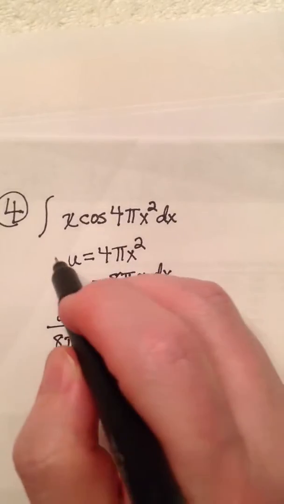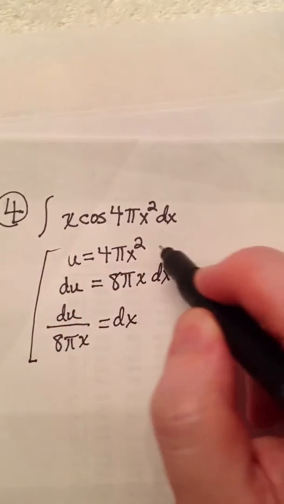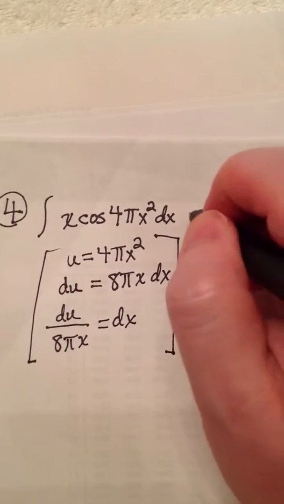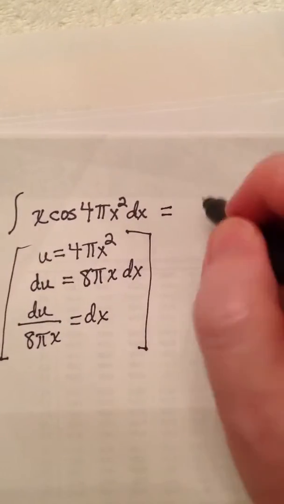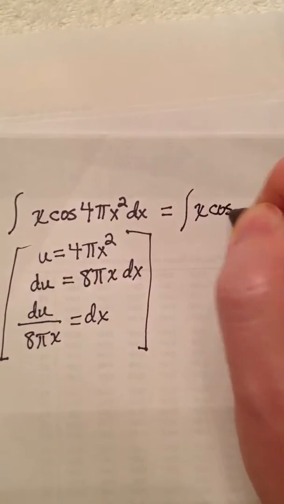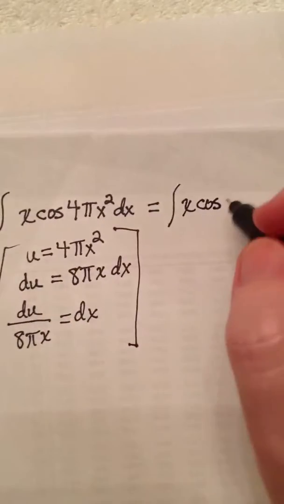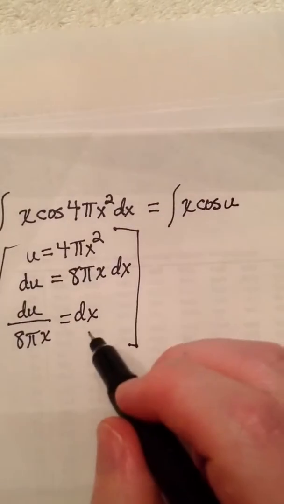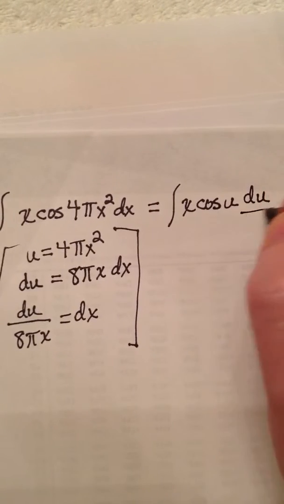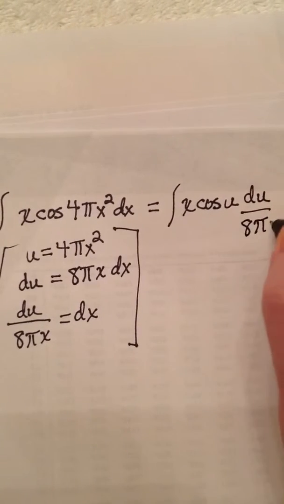And so for what we have in terms of substitution, we're going to have the next portion, we have x times the cosine of u in place of 4 pi x squared, and again in place of dx we have du over 8 pi x.